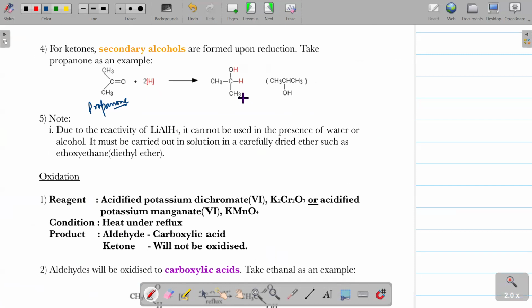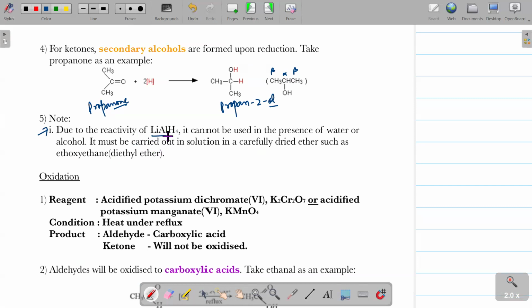And on reduction, it is giving us propan-2-ol. You can see it's a secondary alcohol. That is our alpha carbon, and two alkyl groups are attached to the alpha carbon to which the OH group is attached. And this point is very important. Sometimes in questions they will ask about it.